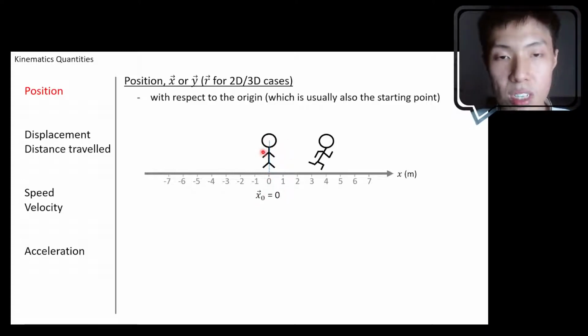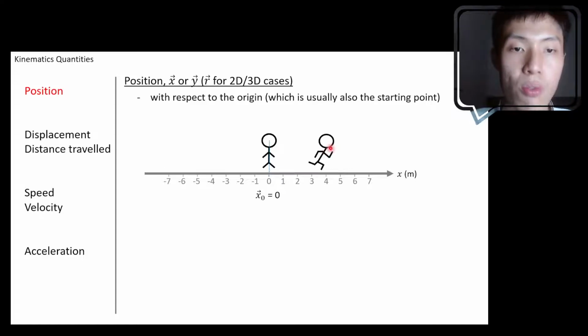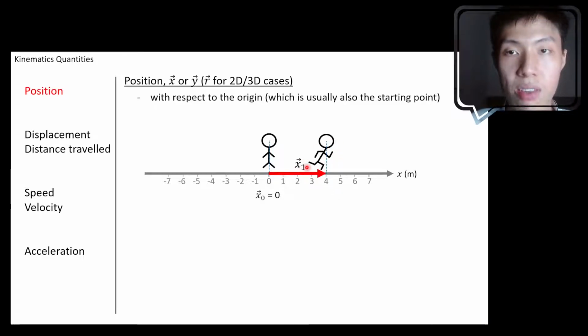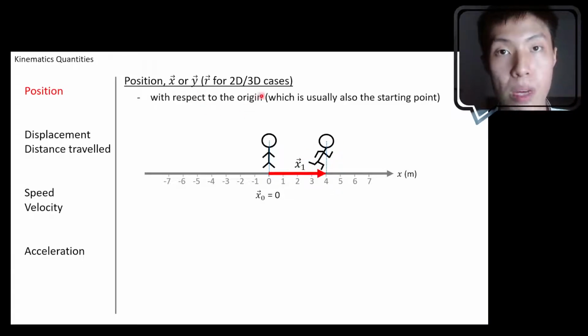If, let's say, this person moved towards this position over here, and if we measure it, it's at 4, and we call the position of this person right now x1. We measure with respect to the origin.